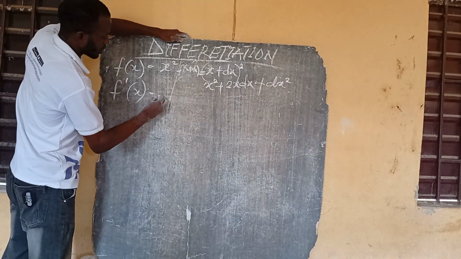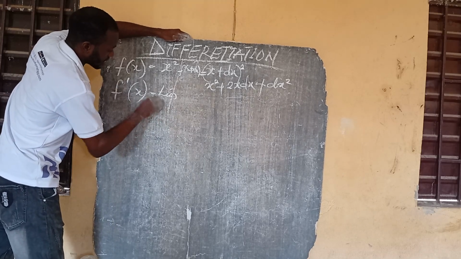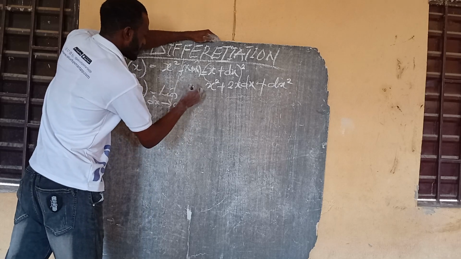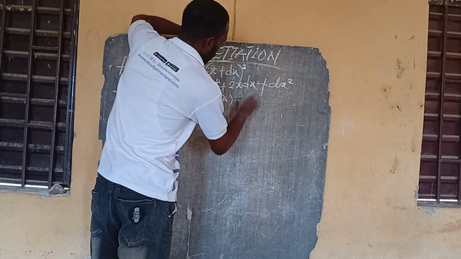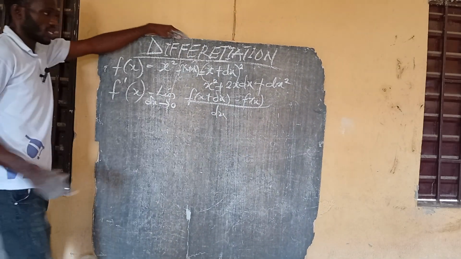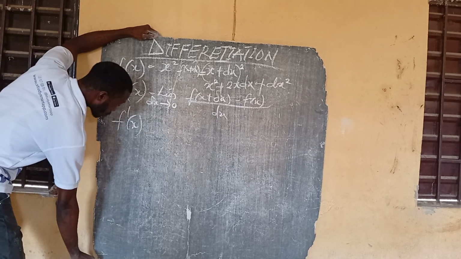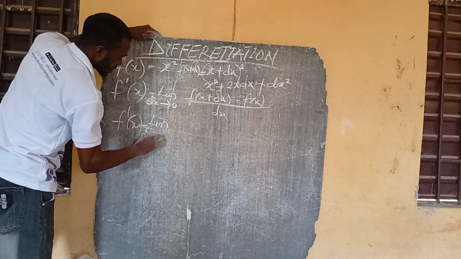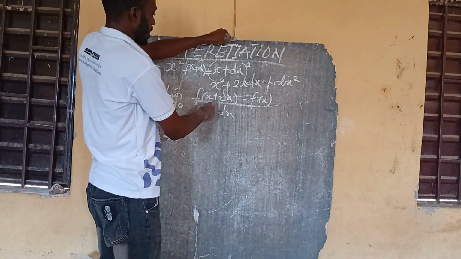Let's now revise our equation. f prime of x will now become what? The limit as dx tends towards 0 of our function f of x plus dx minus f of x, all over dx. If this is the case, then f prime of x is going to be the limit as dx approaches 0 of, now what is our f of x plus dx?